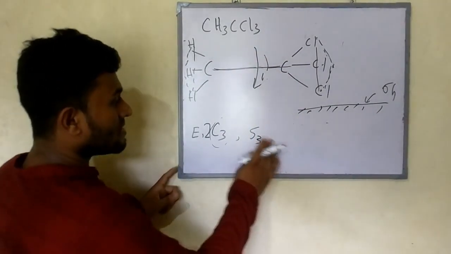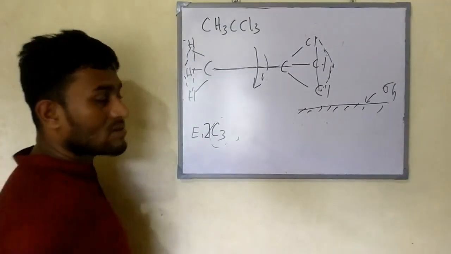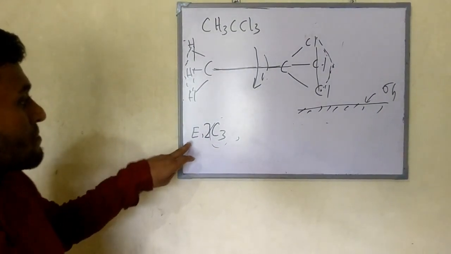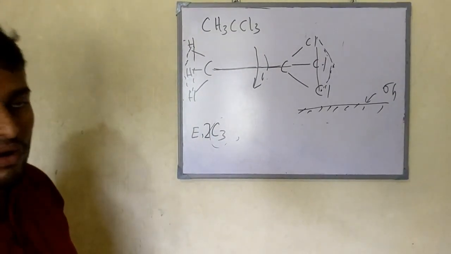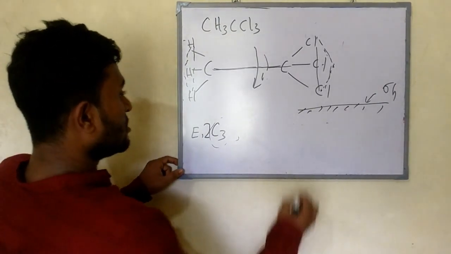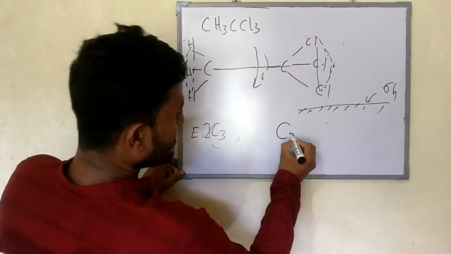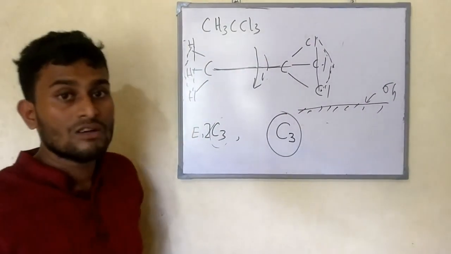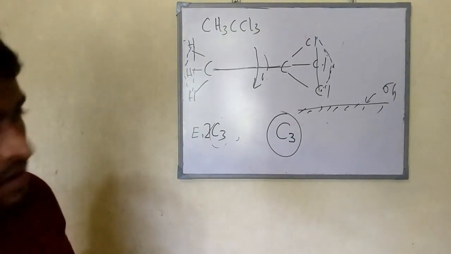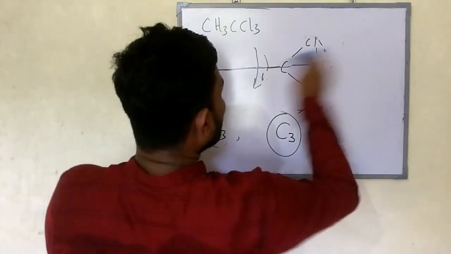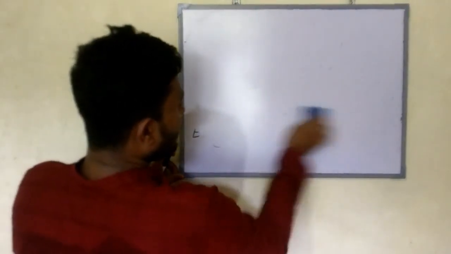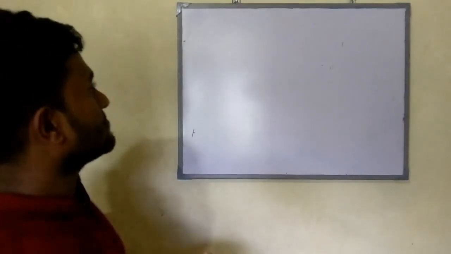So you can't think about the improper axis of symmetry. So E and C3 are the only possible symmetry elements. So your point group will be C3. This is your Schoenflies symbol. Okay, let's focus on your next example, ammonia.